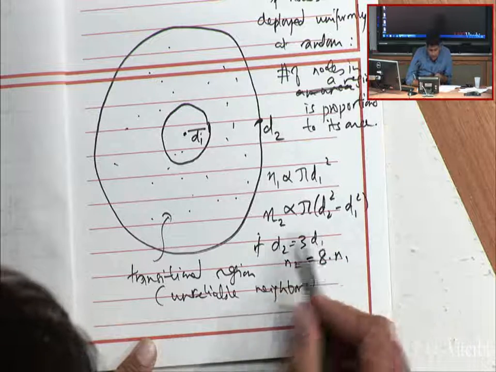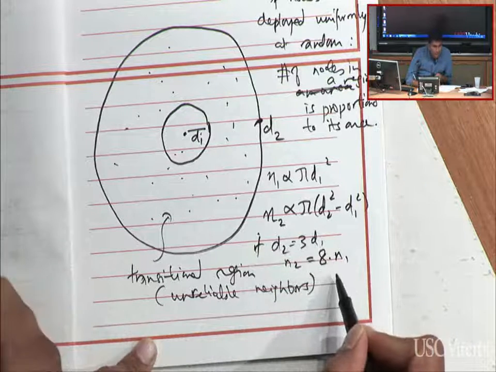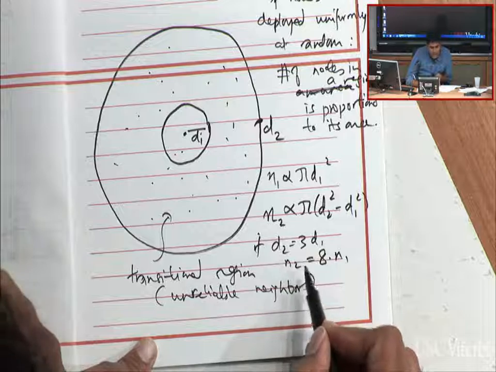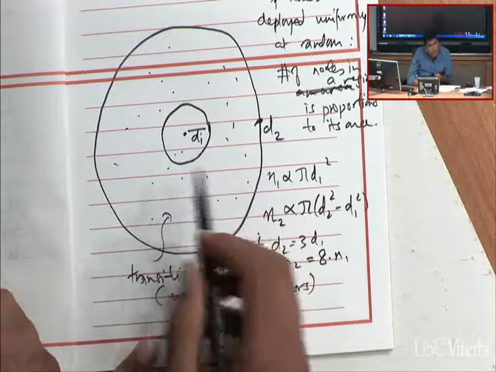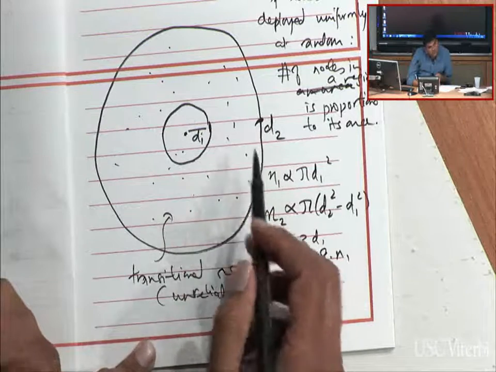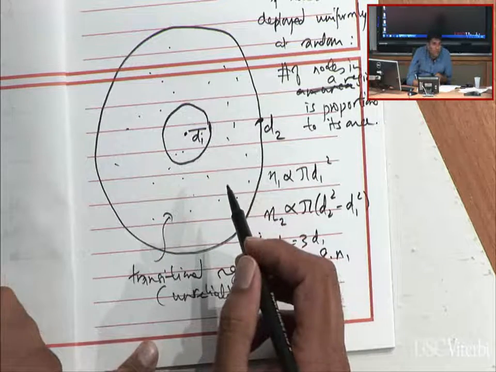Now if you think about this being a reasonable number, and this is the outcome of that equation, that's telling us that for every one neighbor that I can see that's really reliable, I have 8 potential neighbors that are unreliable.